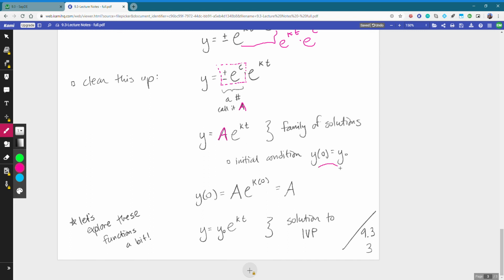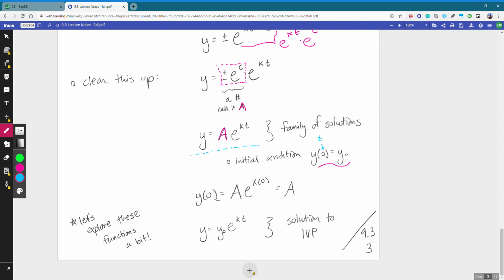y of 0 equals y naught. And so the idea here is that for our family of solutions, we can take t equals 0 and plug that in, and what we get needs to equal y naught. So we plug in 0 to our function, and that t up top is just going to get replaced with 0.